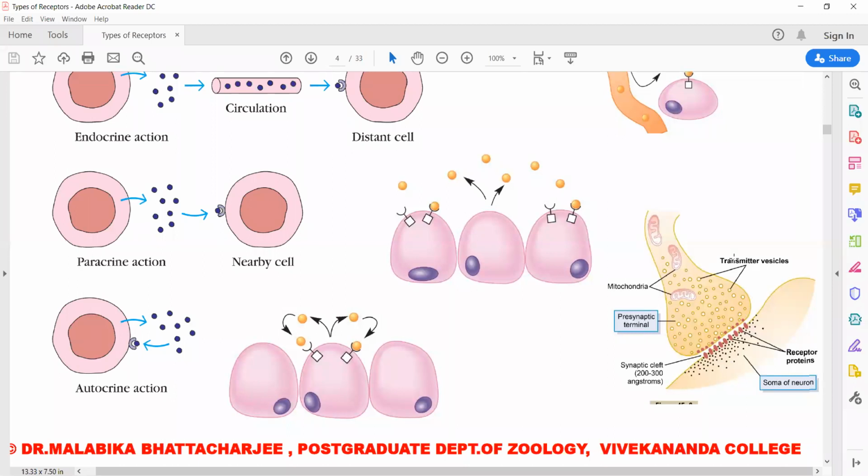So you can assume that the presynaptic membrane and postsynaptic membrane are very closely placed adjacent to each other in our nervous system. So when a presynaptic membrane releases certain stimuli, the postsynaptic membrane receives those stimuli and is thus activated. So this is a beautiful example of paracrine signaling.